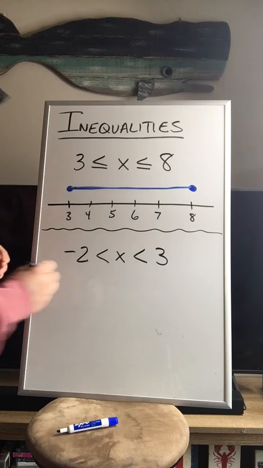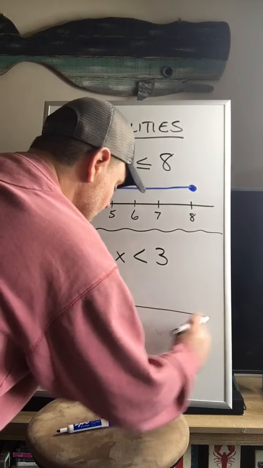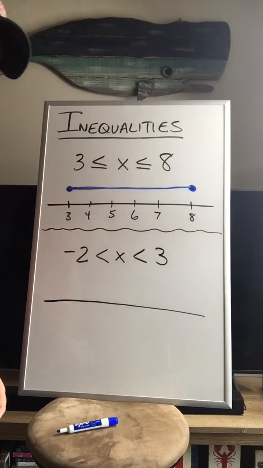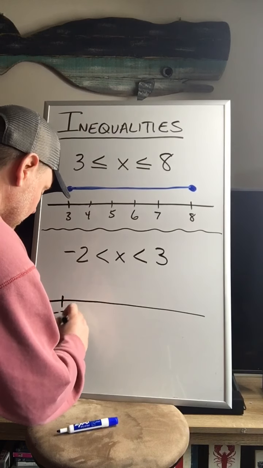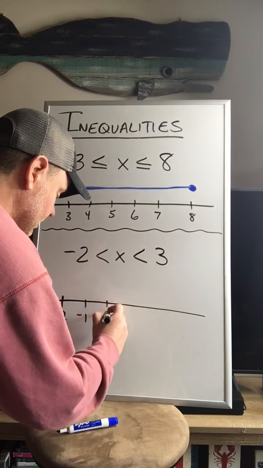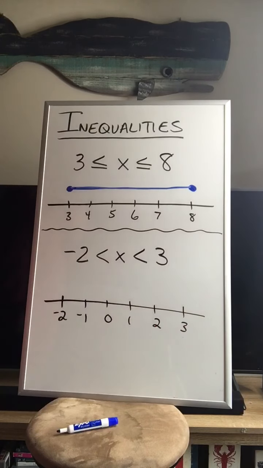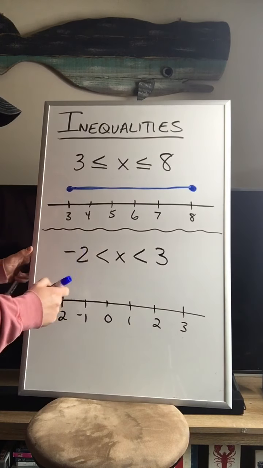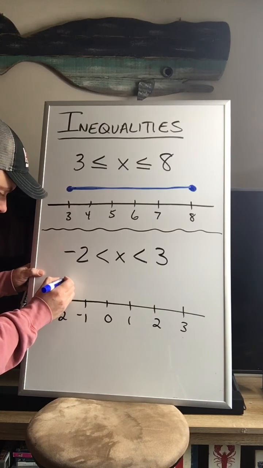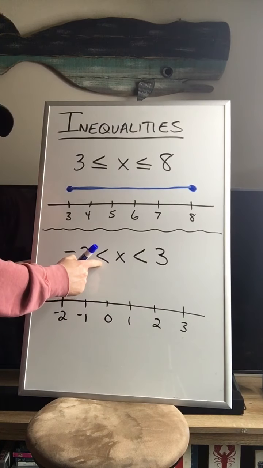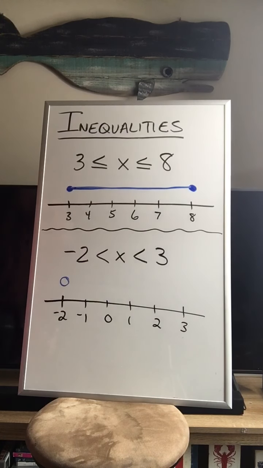So the first thing I have to do is I have to draw a number line that has negative 2 and 3 on it. So I'll start down here at negative 2, and I go up negative 1, 0, 1, 2, 3. Okay? So now, I'm going to put a dot at negative 2, but since there is no equal sign underneath here, it's an open dot.